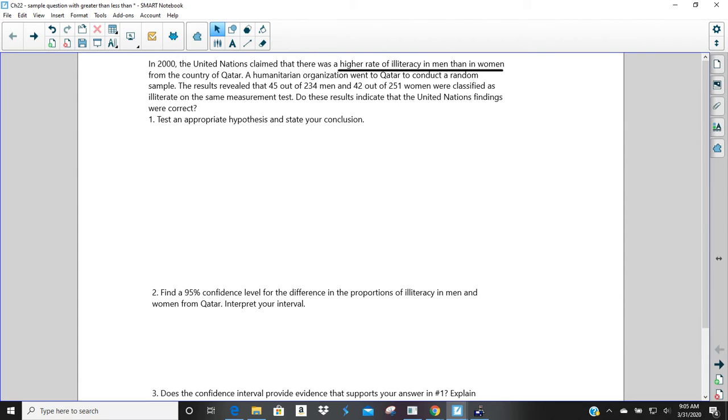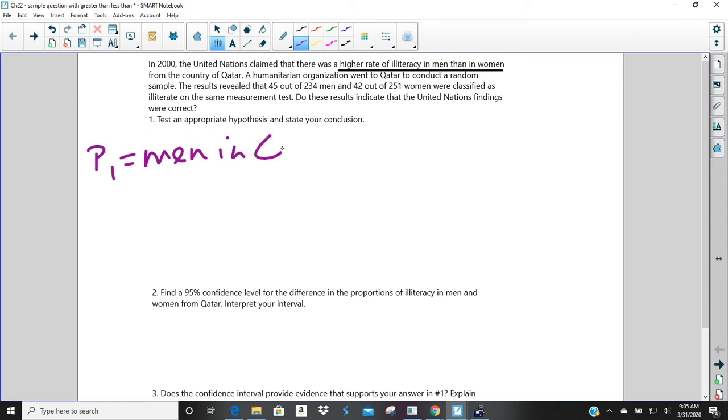So I want to do a few things. First of all, super important when we're doing two proportion tests and intervals that we state what our parameters are, because in this case, the parameters are going to be different. So I'm going to call P1 the men in Qatar.